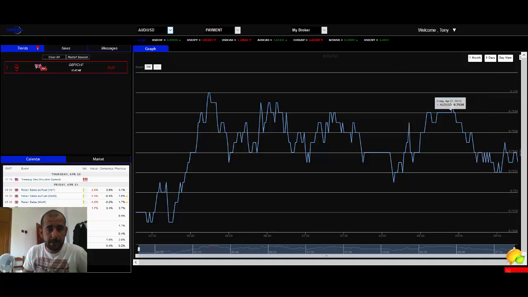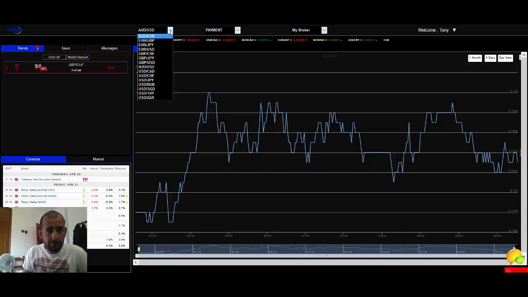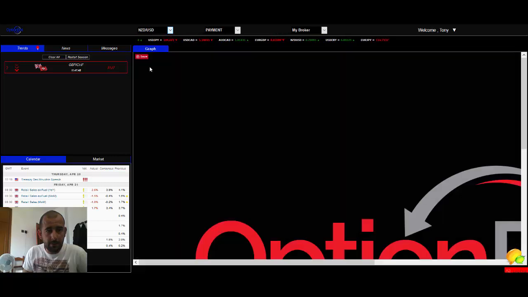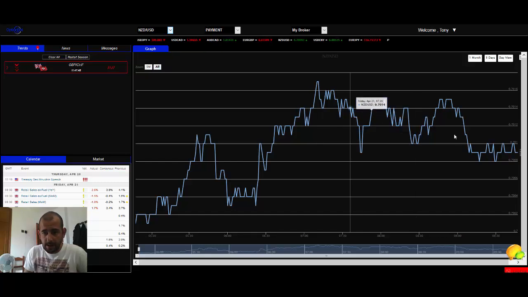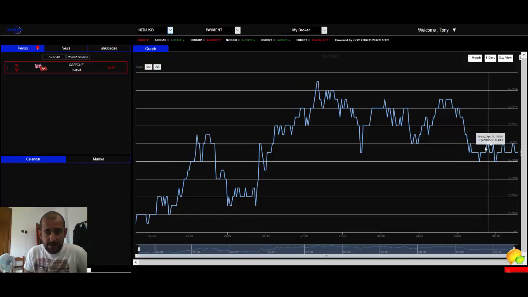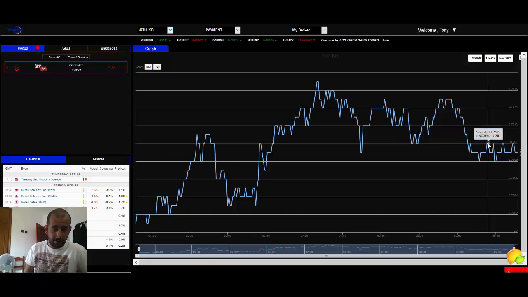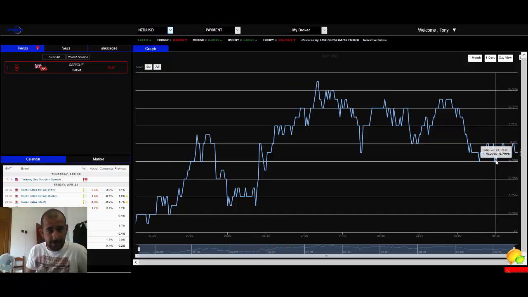Okay, so let's go through the other pairs. There was another, New Zealand US dollar here as well. This was offering a bit of support resistance. It's actually going through this point here right now. It's just kind of sticking between these two lines. As you can see, it's really struggling to go past either line at the moment. You can call this a nice support resistance line that we're witnessing right now.